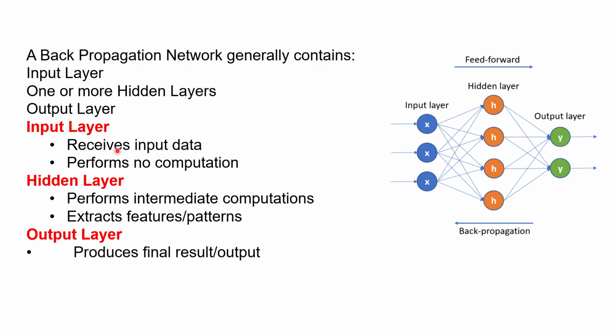The function of the input layer is to receive the input data and it performs no computation, whereas the hidden layer performs intermediate computations and extracts features or patterns present in the data. The output layer produces the final results and output.